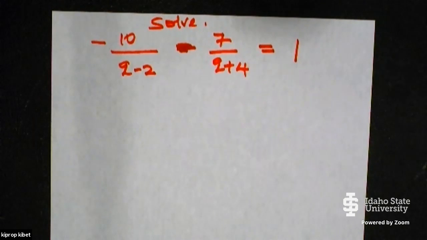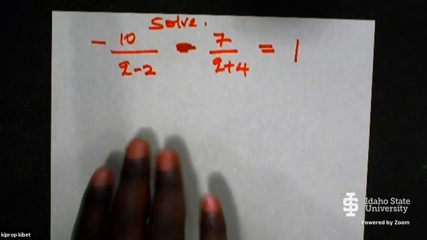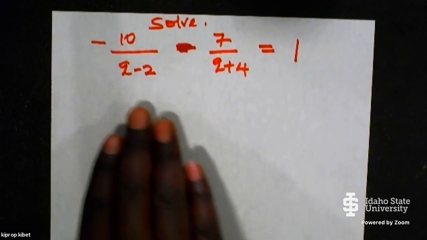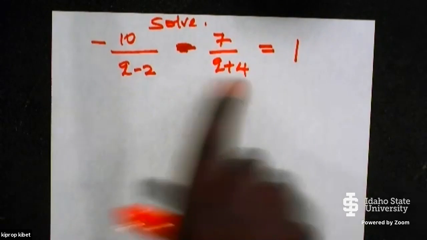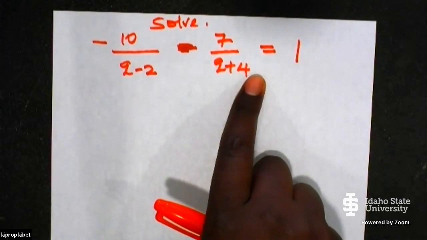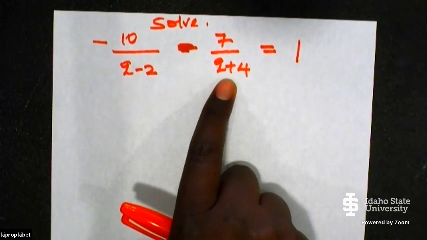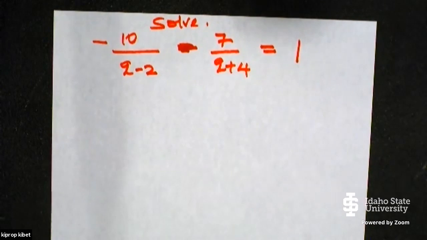If you don't know how to find the common factor, what you do is look at the denominators here, then you multiply all of them.